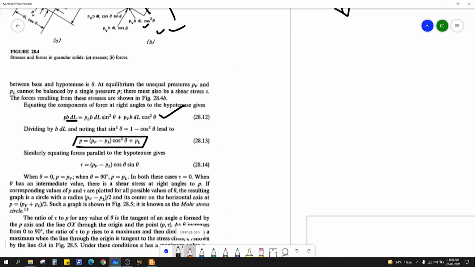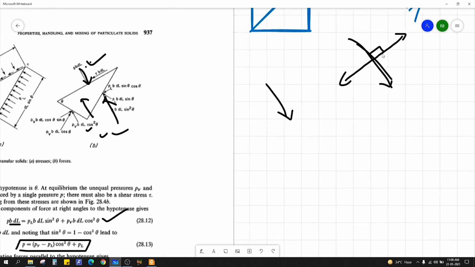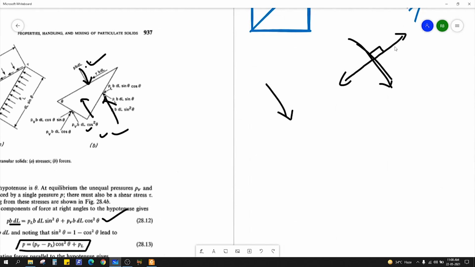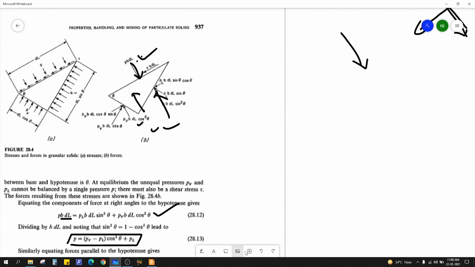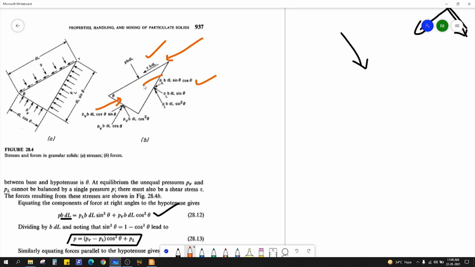Okay, similarly, if I want to find shear stress, then just do the balance in the direction parallel to the hypotenuse. So what are the forces here? In this direction we have this tau BDL, that is force only, and this one is there, PVDL cos theta sin theta, and this one is there, right, in this direction.